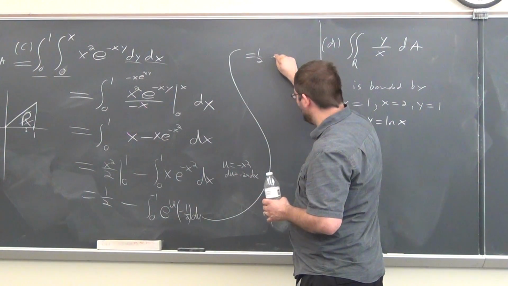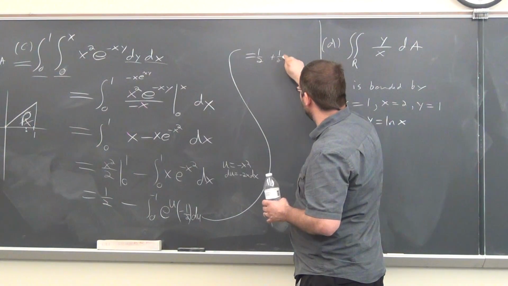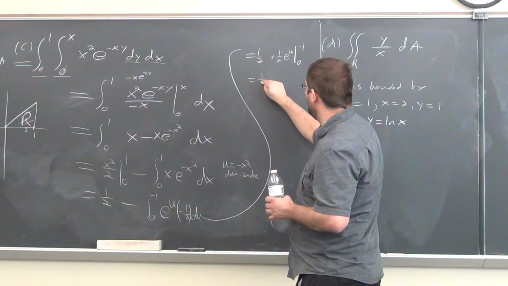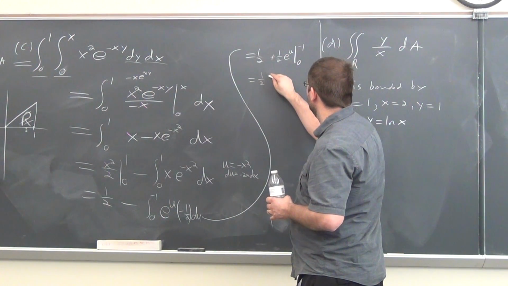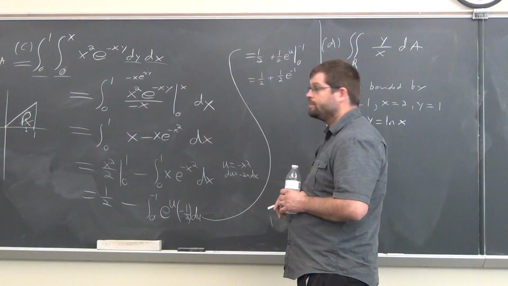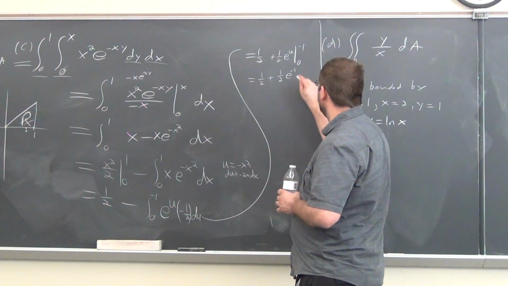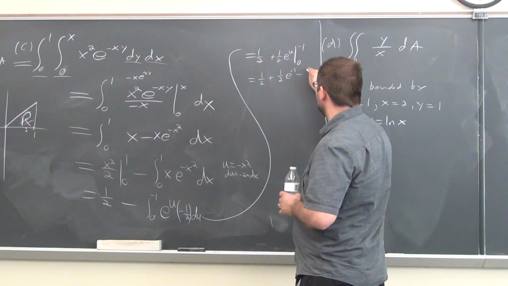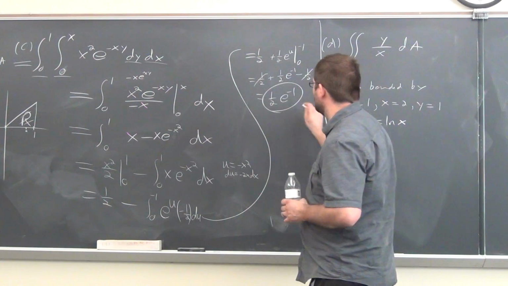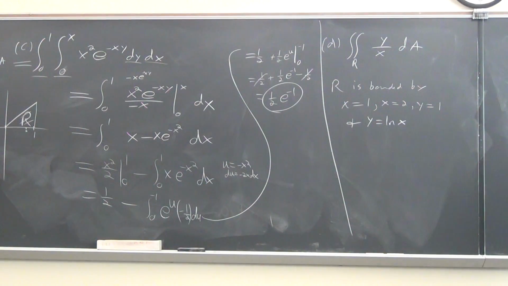Again, the negatives will cancel, so I'll just end up with plus 1/2 e to the u, right, and 0 and -1, so I get 1/2 e to the -1, okay? And then minus 1/2 e to the 0. Let's simplify that just a bit.